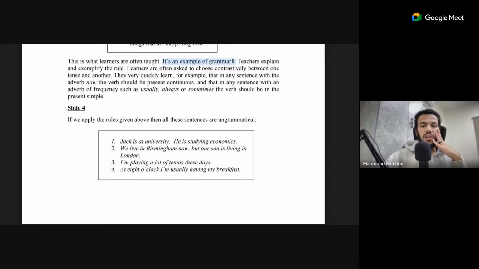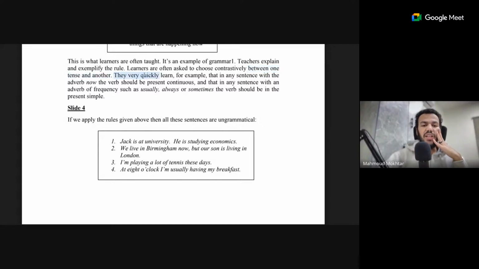It's an example of grammar 1. Teachers explain and exemplify the rule. Learners are often asked to choose contrastively between one tense and another.